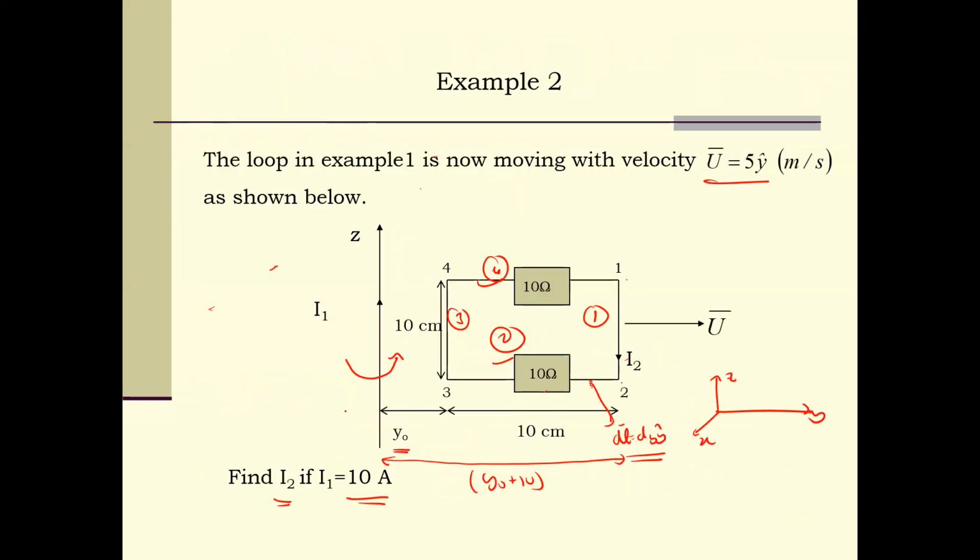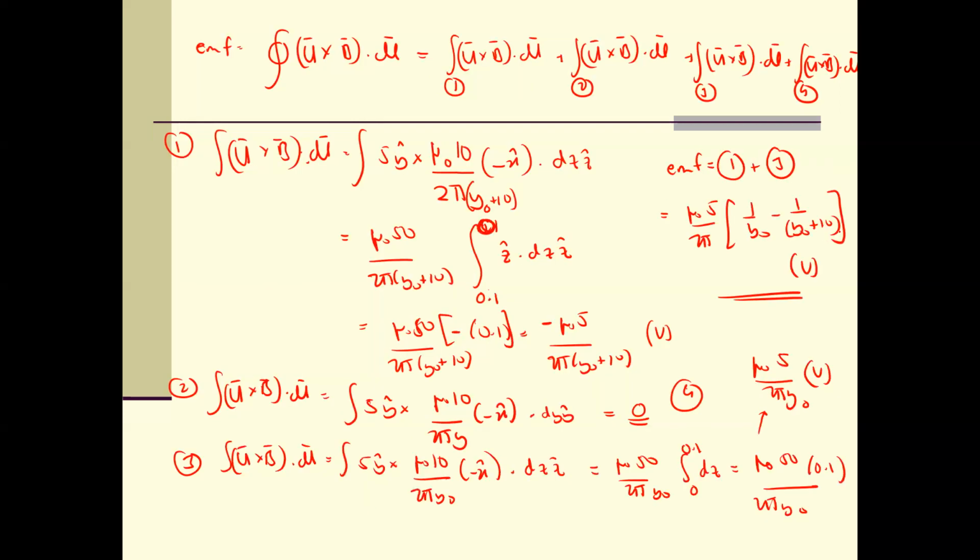So for that, we can simply find the I2. Yeah, because once you have the EMF in volt, you can find the current that is flowing in your circuit simply based on the equation that I2 will be equal to the EMF divided by the total resistance, which is 20 ohm. So I think you can proceed with this calculation of the current I2, in which the EMF has been calculated here.